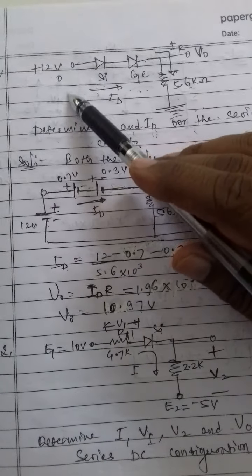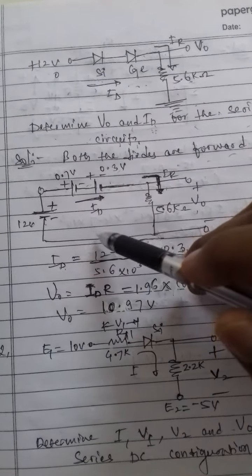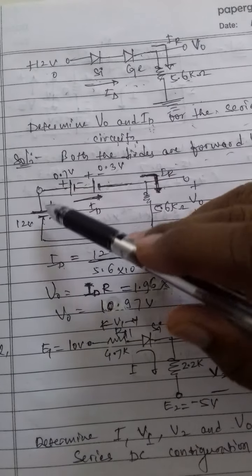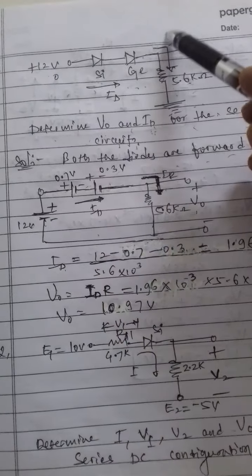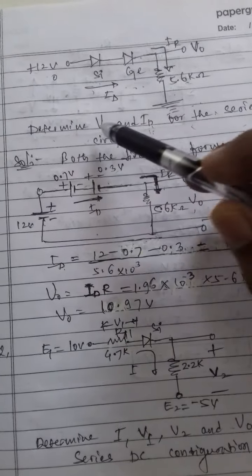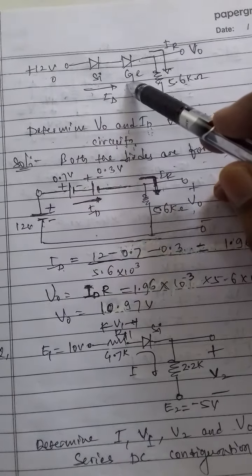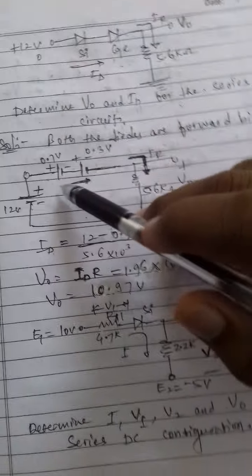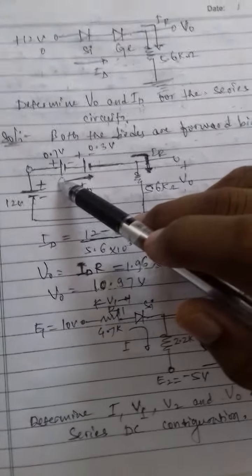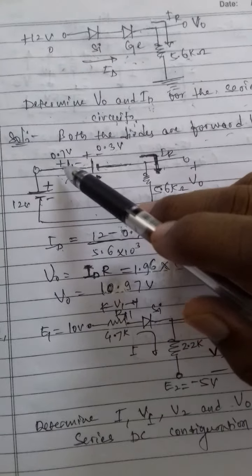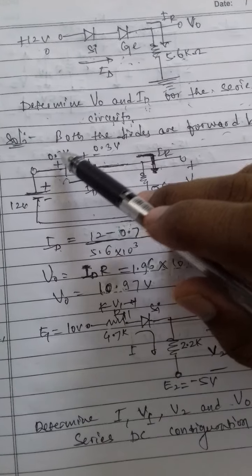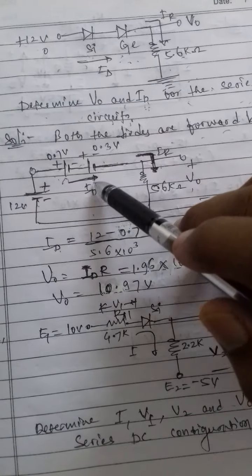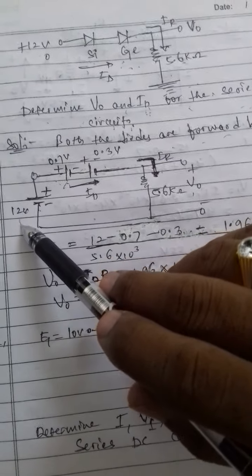If this circuit is redrawn by considering the cut-in voltages of the diodes: for the silicon 0.7 volts, for the germanium 0.3 volts, and here the 12 volts.